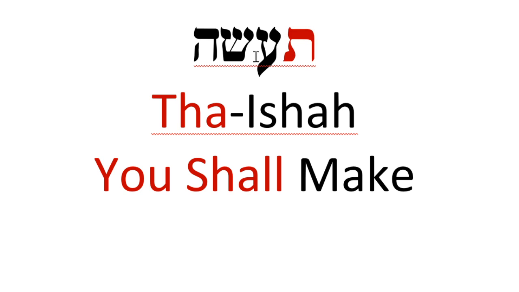Here we have a Hebrew word, asah, which means to make. This word can also be translated as do, act, or create. In this case, this word is being translated as make. So we have the prefix ta plus asah, giving us the Hebrew word taaseh, which means you shall make.